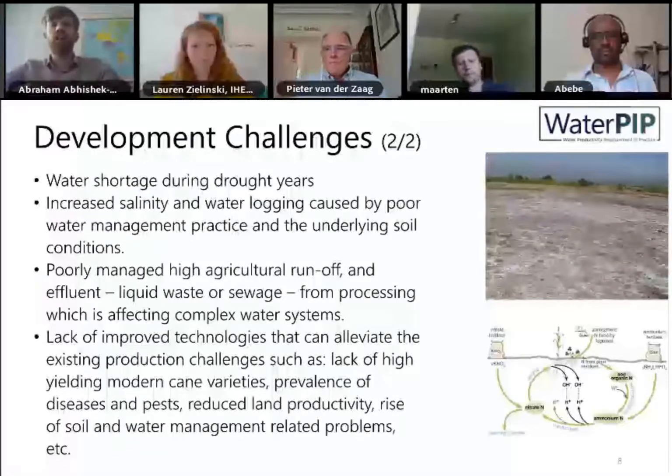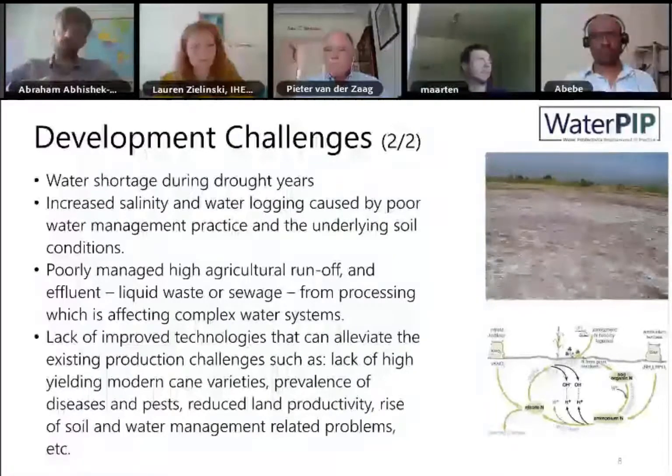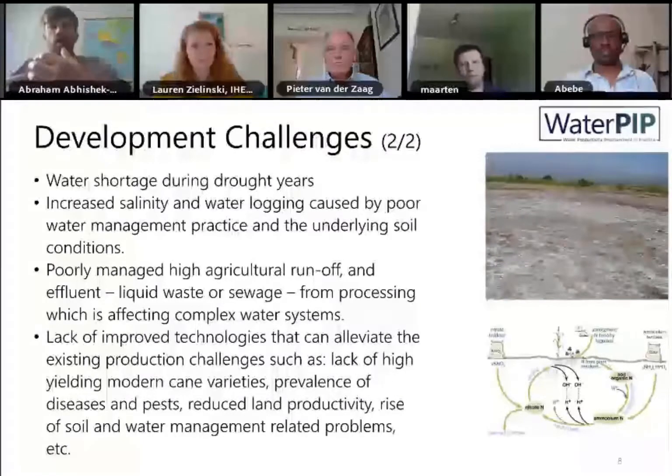Also in areas that are being irrigated, salinity is a challenge, as well as waterlogging, or vice versa. This, as also highlighted by Abera, is due to poor water management practices, drainage, amount of irrigation, and the underlying soil conditions. There's high runoff in several areas in which sugarcane is actually being produced.